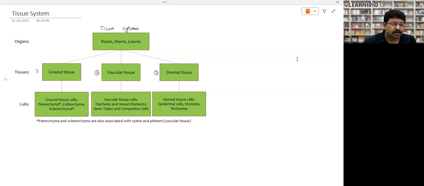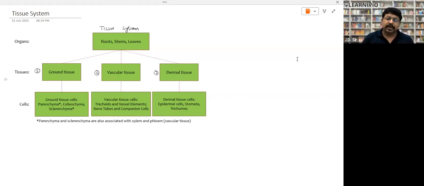Third, the last but not the least, is the ground tissue, right? What is the ground tissue? Between the dermal tissue, the outer skin, and the central column of xylem and phloem, there are some tissues which remain filled in the plant stem and the root as well. We call them ground tissue.